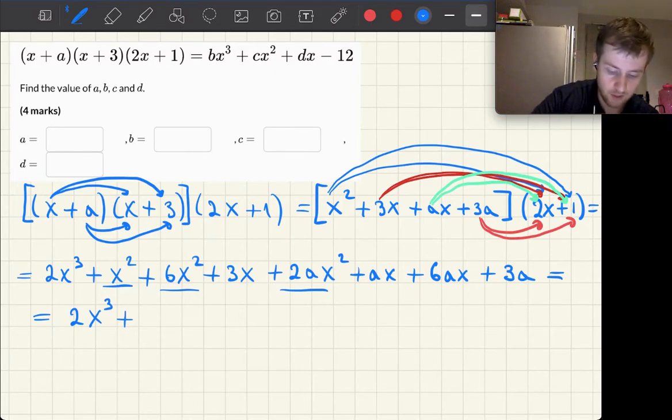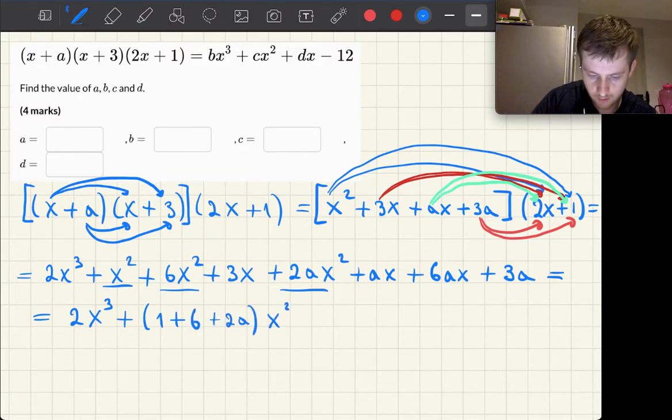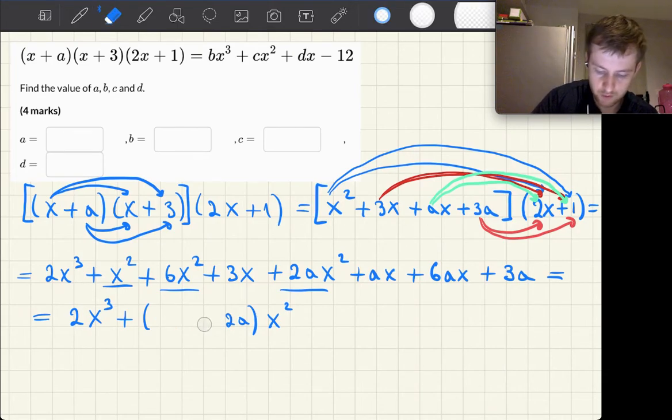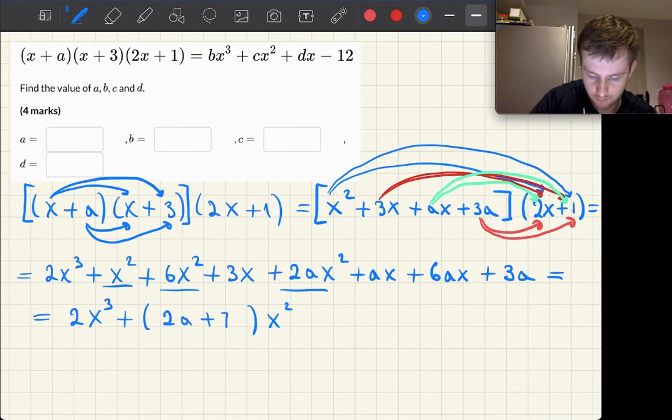How can we factorize it? Well, we can say that this is 1x squared, then we have 6, and we have 2a. So we have 1 plus 6 plus 2a times x squared, which becomes, since 1 plus 6 is 7, 2a plus 7 times x squared.